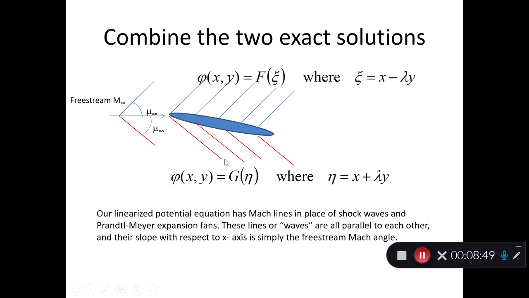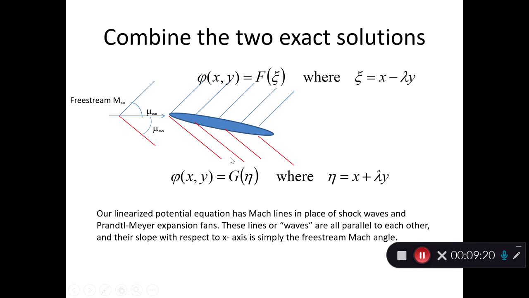These solutions are discontinuous. We don't need to worry about communication between the upper and lower surface because sound waves cannot travel against the free stream. They are traveling too slowly compared to free stream. Therefore, they cannot go around the leading edge and influence what's happening on the bottom surface. Likewise, whatever is happening on the bottom surface cannot travel downstream, swim upstream, and affect the upper surface.